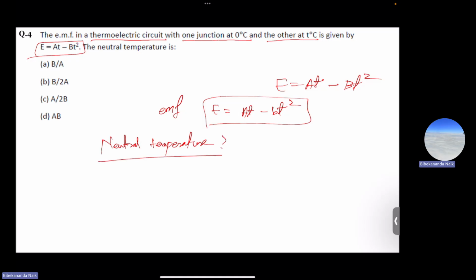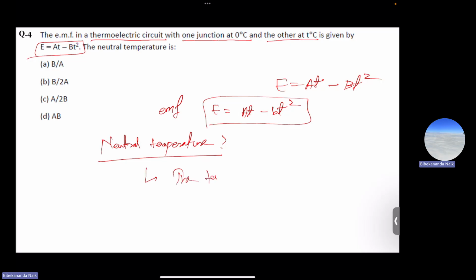Sorry, the neutral temperature is the temperature at which the EMF is maximum. The temperature of inversion is the temperature of the hot junction at which the EMF becomes zero.